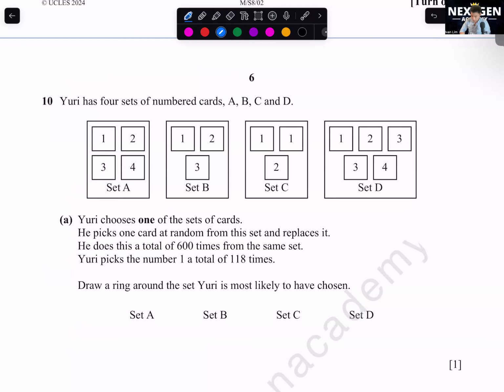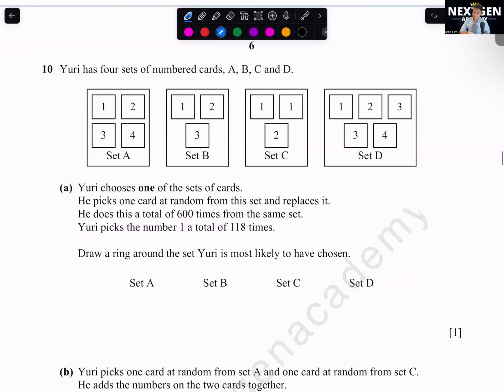Draw a ring around the set Yuri is most likely to have chosen. What can we say about Yuri? Yuri is a robot. Yuri is probably very bored, so he has nothing better to do. So what question is this? This is a probability question.